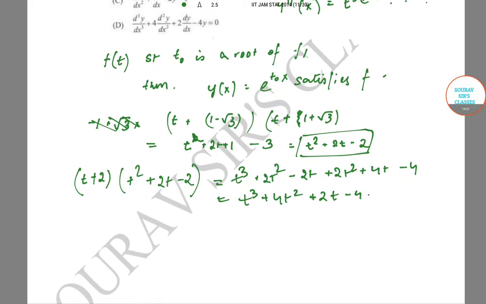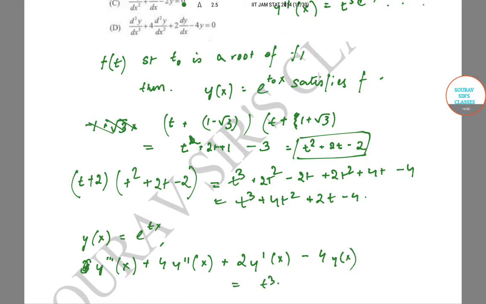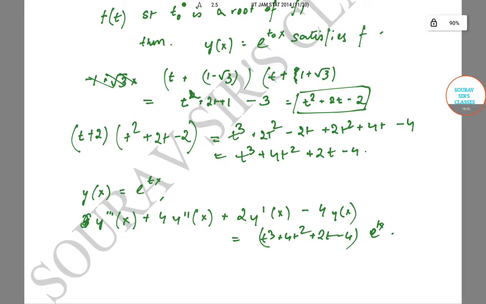So if we have this polynomial, now if we have y(x) equal to e to the power tx, then y triple prime of x plus 4 y double prime of x plus 2 y prime of x minus 4 y of x is equal to t cube plus 4t square plus 2t minus 4 times e to the power tx, and since our t's are basically the roots of the polynomial, this will be 0 and we are done.